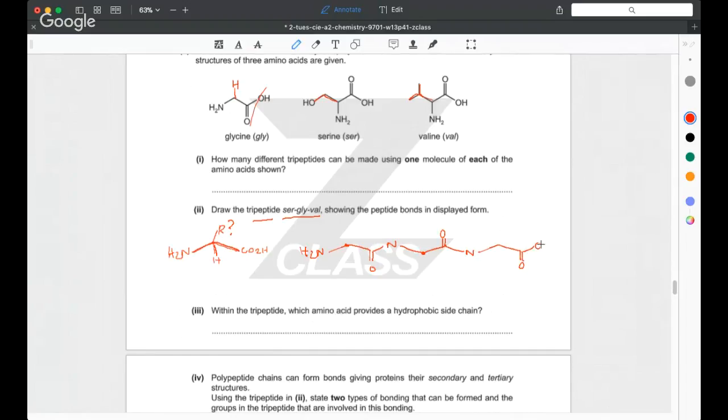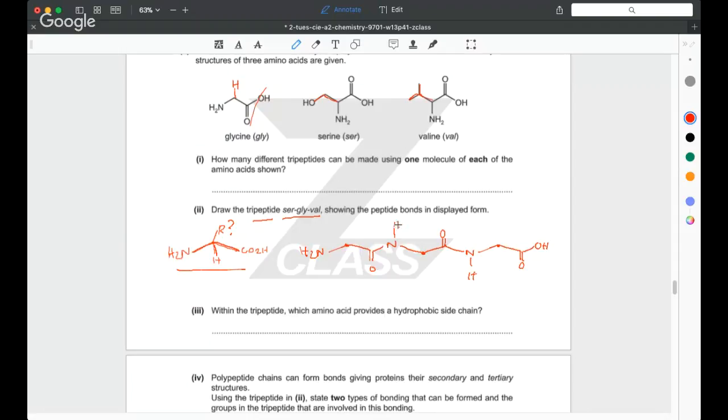And because it's a tripeptide, it ends with the carboxylic acid there. So knowing that general structure of amino acids and getting that structure in place to begin with means you're not going to get mixed up when you're drawing this.